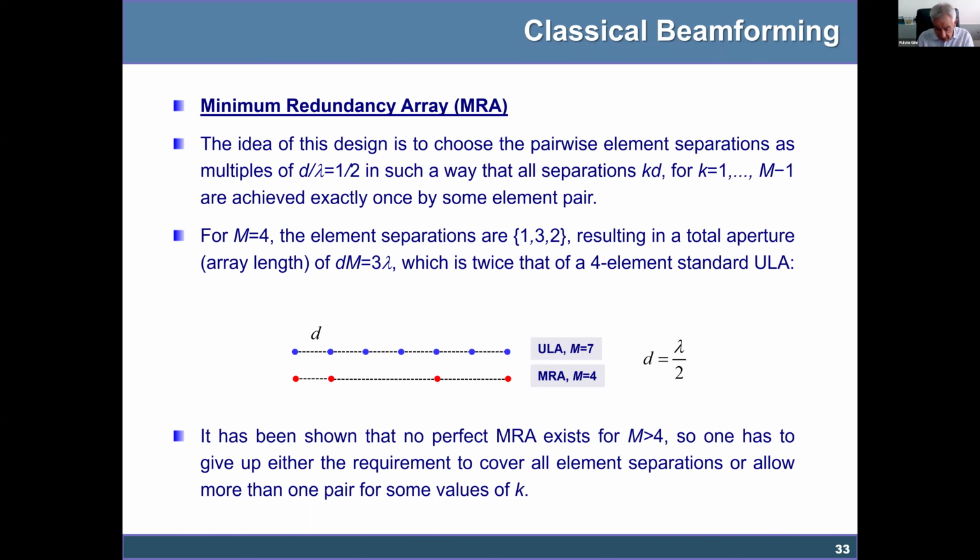But okay, now I want to compare these two arrays. You can observe that the ULA and the MRA have the same aperture, but in the MRA you obtain the same aperture with fewer sensors, so less hardware cost.